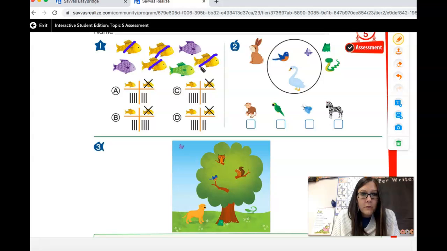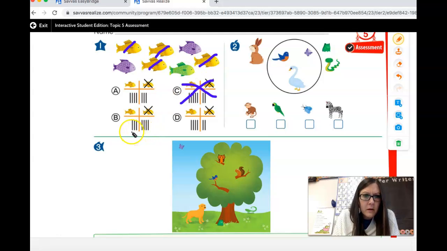All right, which one of those charts has 4 tally marks underneath yellow fish? Let's look. 1, 2, 3, 4. Ooh, that one does. 1, 2, 3, 4, 5. Oh no, that one cannot be right because that one shows 5 yellow fish and there's not 5. There's 1, 2, 3, 4. All right, so it can't be that chart.